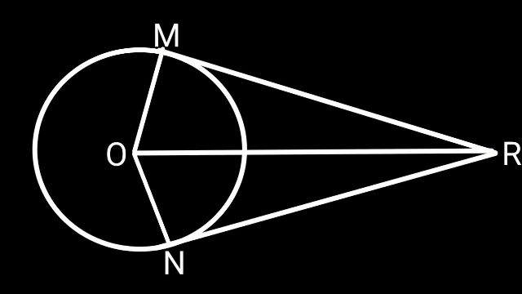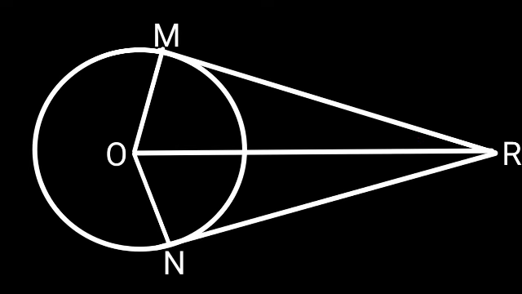Hence, both triangles are congruent by SSS test. If these two triangles are congruent, then their corresponding angles are also congruent. Hence, angle ORM and angle ORN are both congruent because they are corresponding angles of congruent triangles.